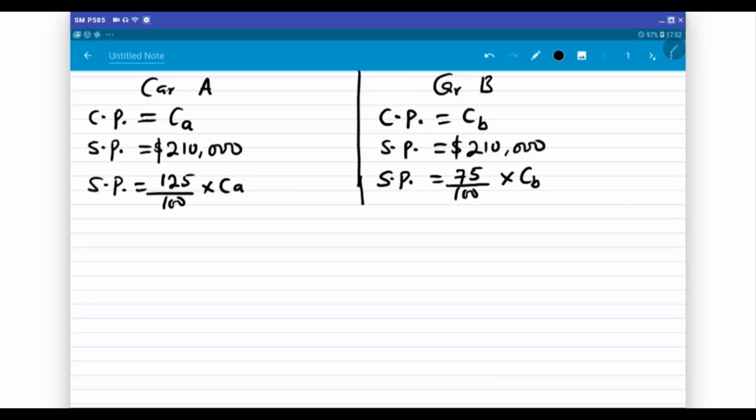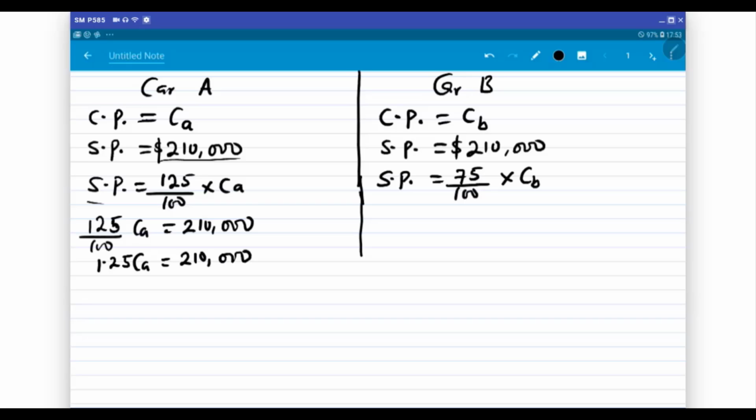Okay, now let's see. We already know the selling price to be 210,000. So it means here I'm going to have 125% of my CP to be 210,000, or 1.25 CP is 210,000. So from here I will be able to calculate the cost price, because if I need to know the profit or the loss or whatever, I need to know the cost price of each car.